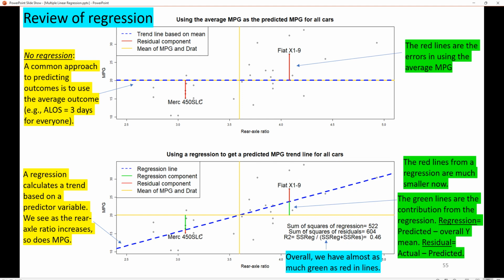It's not a regression model, but it is when we assign that default value of the average, which is about 20 miles per gallon for every car. So we're just displaying on the x-axis the different rear axle ratios for all of our different cars. And we're just matching up those points with the miles per gallon.